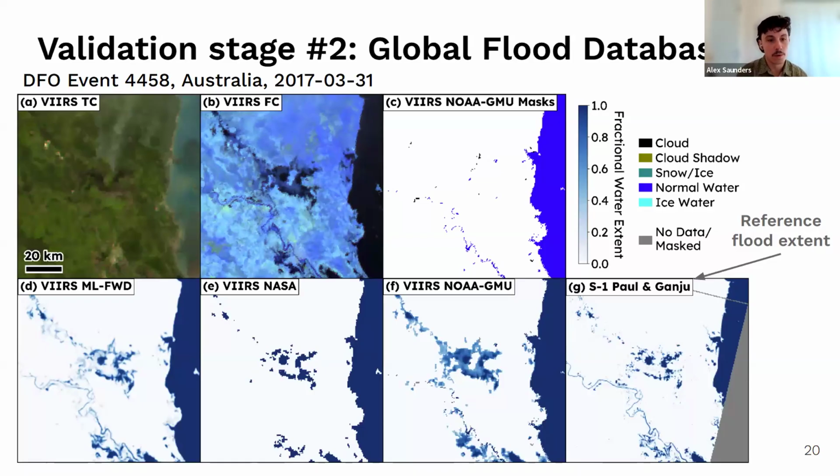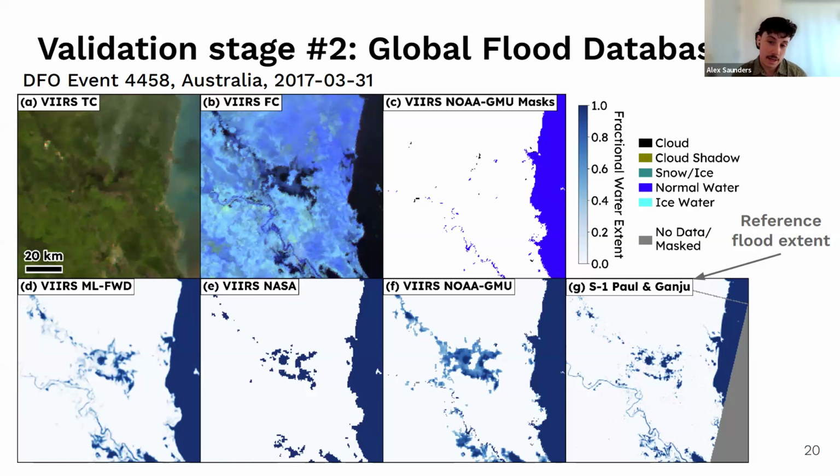And then in the second row, the first one there is our model, and then comparing that with existing VIIRS algorithms. So we have NASA's global flood product, their VIIRS algorithm, which was launched sometime last year. And we also have the NOAA and George Mason University, NOAA GMU, VIIRS flood product shown there as well.